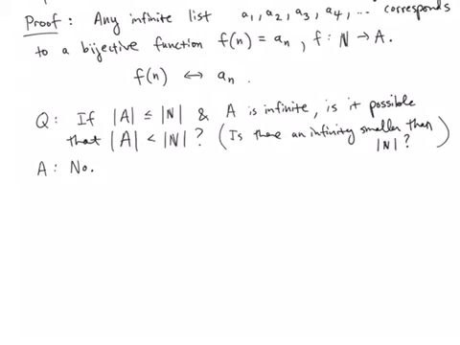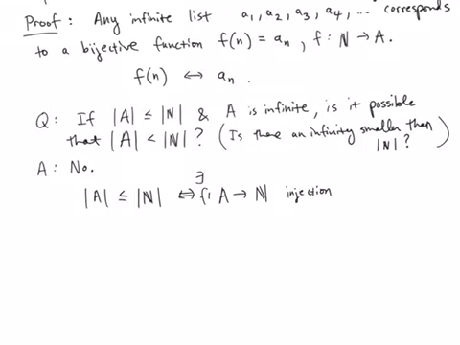And the way you can see that is if the cardinality of A being less than the cardinality of the naturals exactly means that there's an injection. So there exists f from A to N, which is an injection.